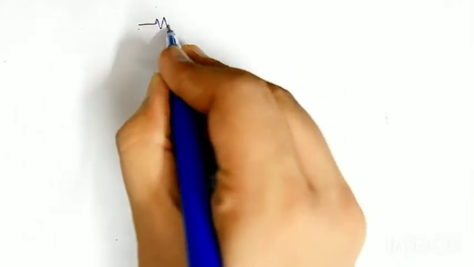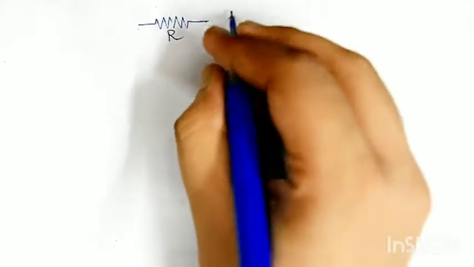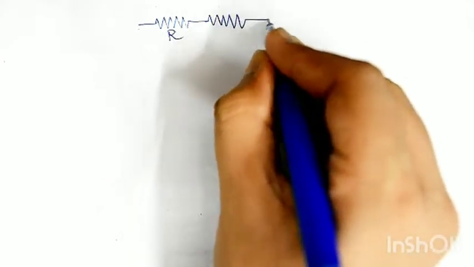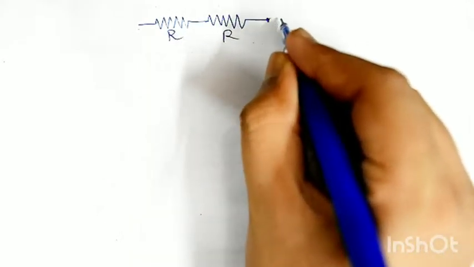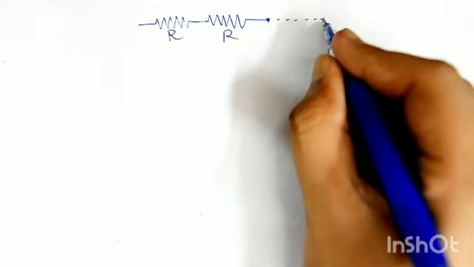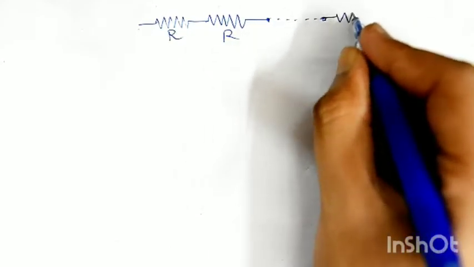Now let's say I have multiple series connections of the same values, that means all resistances are R ohms, and I have joined a huge number of them.